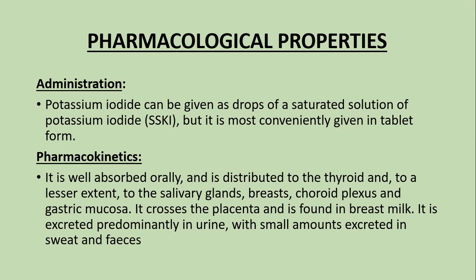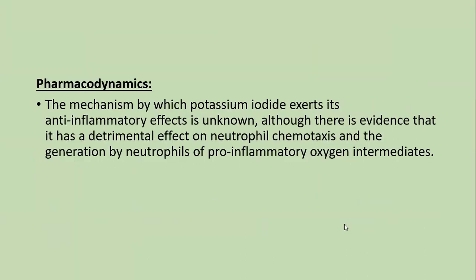It is excreted predominantly in urine, and a small amount is excreted in sweat and in feces. Pharmacodynamics: the mechanism by which potassium iodide exerts its anti-inflammatory effect is unknown, although there is evidence that it has a detrimental effect on neutrophil chemotaxis and generation of pro-inflammatory oxygen intermediates by neutrophils.